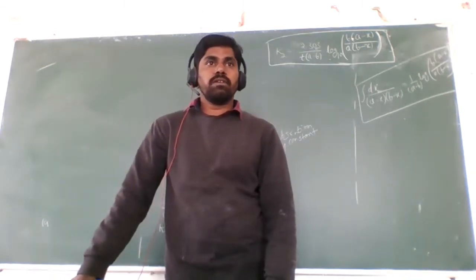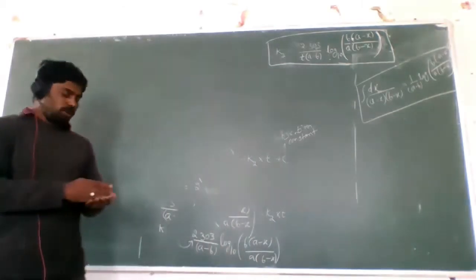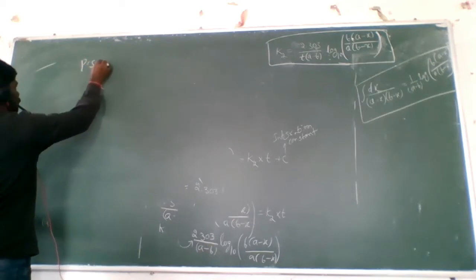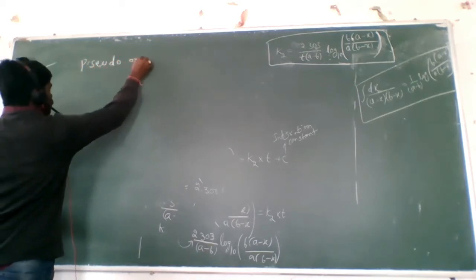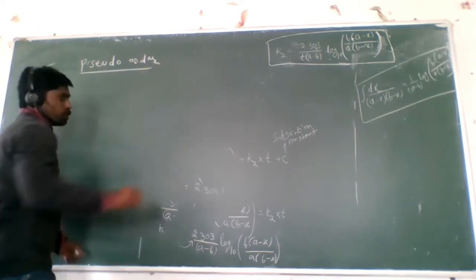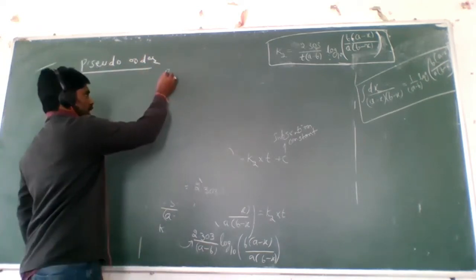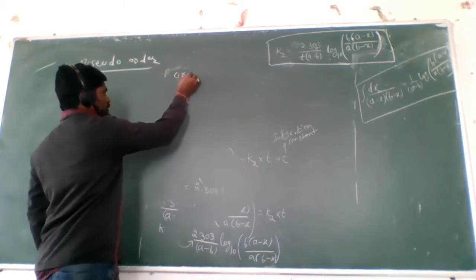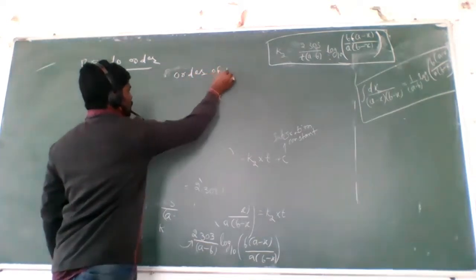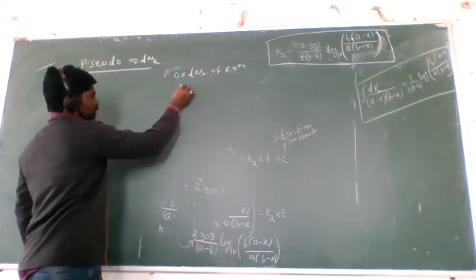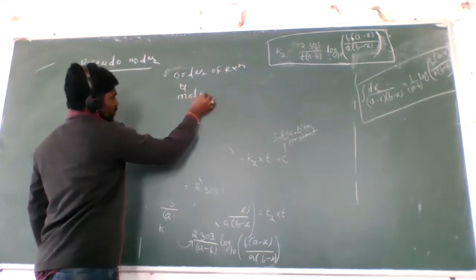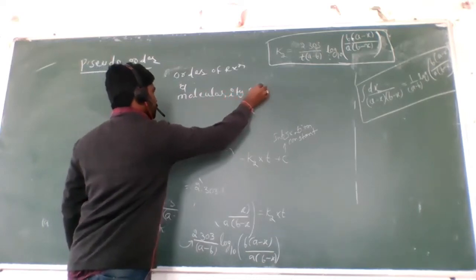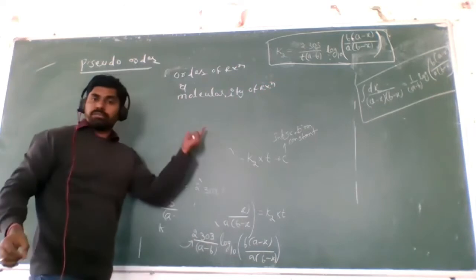Do you understand? Right, first of all, see here, I give one example of pseudo order. Pseudo order reaction means the order of reaction and the molecularity of reaction: same or different?